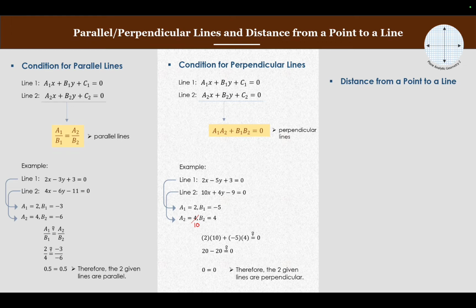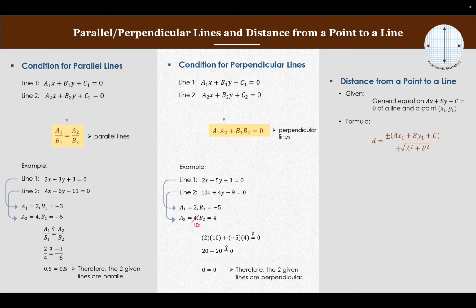Next, let's proceed to the distance from a point to a line. The given are the general equation of the line, which is ax plus by plus c is equal to 0, and a point x sub 1 and y sub 1.